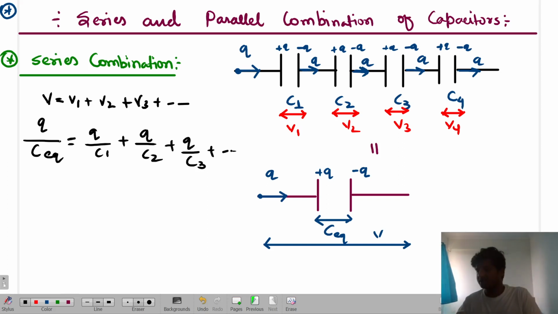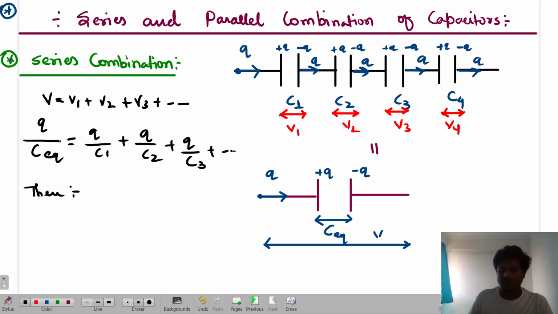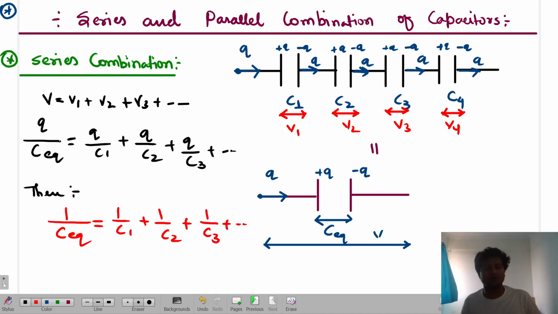So what I got as a relation is that if I have the capacitors in series connection, then the net capacitance is given by 1 by C equivalent equals 1 by C1 plus 1 by C2 plus 1 by C3 and so on. Are you able to get me or not? Is that clear?